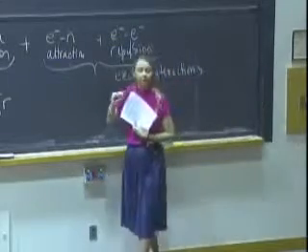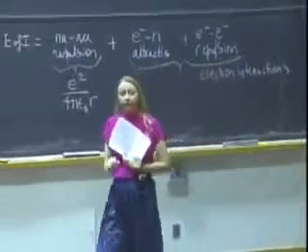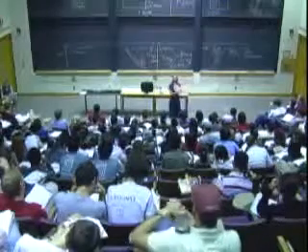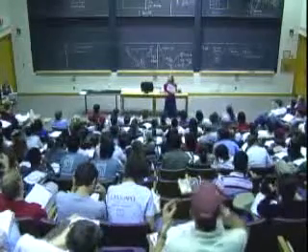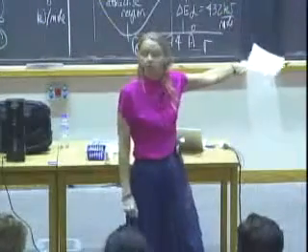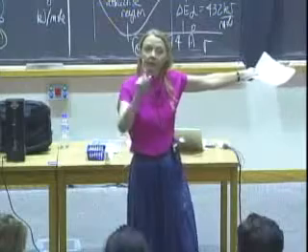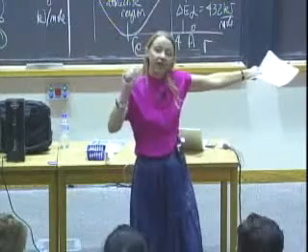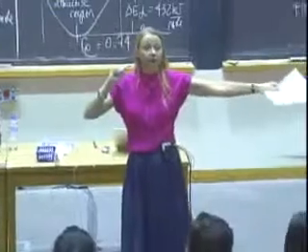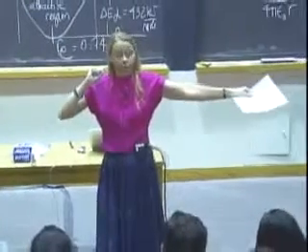So I have no simple way of telling you or estimating what the R dependence is of the sum of these two terms. However, what I can do is figure out what the energy is for the sum of those two interactions at two extremes. I can tell you what the energy is at R equals infinity, and then I can tell you what it is at R equals 0.